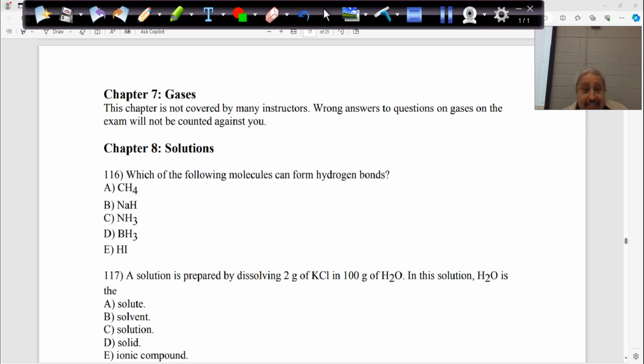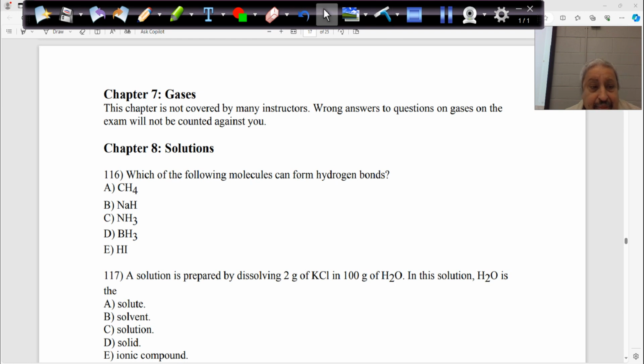C, correct? C. Here it is. C, correct? It has a nitrogen and it has a hydrogen. Both can be connected to another molecule that has, again, one hydrogen and one of nitrogen or oxygen or fluorine. So that's about it.